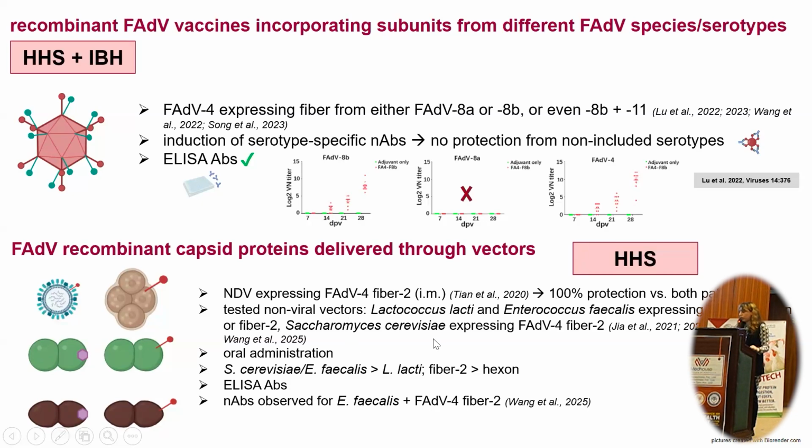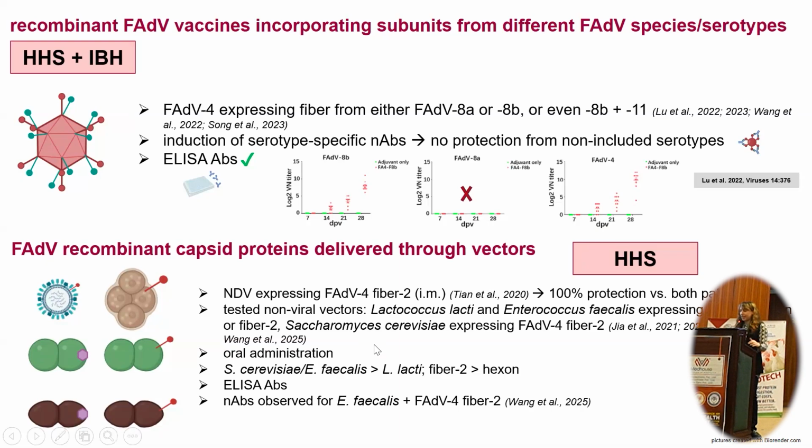We have Lactococcus lactis, Enterococcus faecalis, and also Saccharomyces cerevisiae expressing fiber 2, or in the case of the bacteria, also exon of FAdV4. These are very interesting because they can be given orally. So oral administration, especially in poultry management, is very important if it can be achieved.